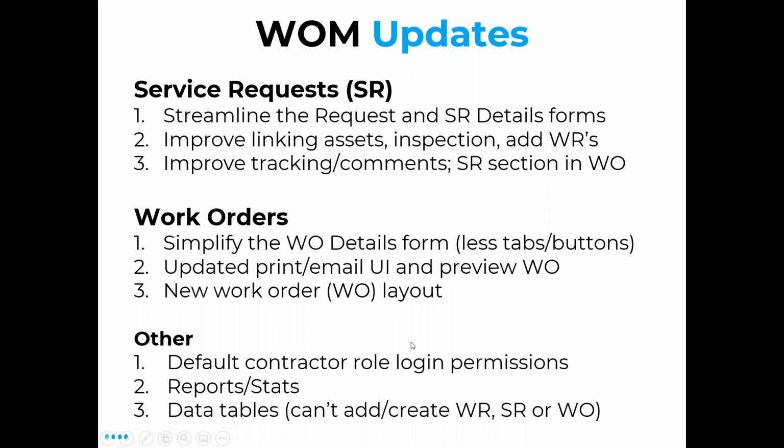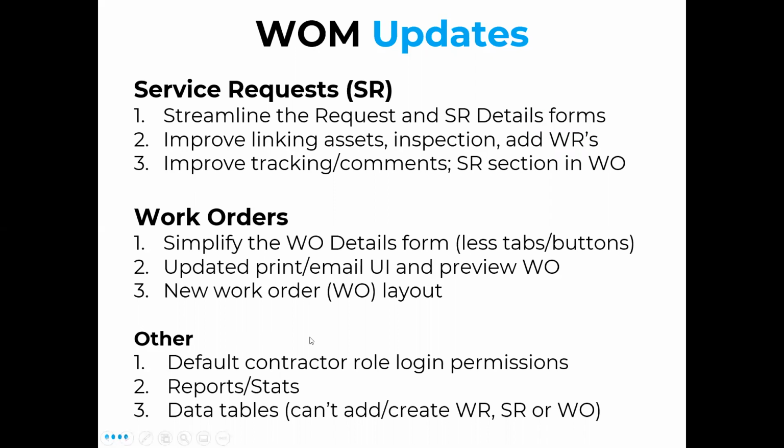So I'll show that. Down at the bottom, I'm not going to demonstrate this, but we have a default login role and set of permissions for contractors to make it really streamlined and turn off as many things as we can to make that a simpler user experience for contractors. So we can add that to existing apps or, moving forward, to new modules for WOM.